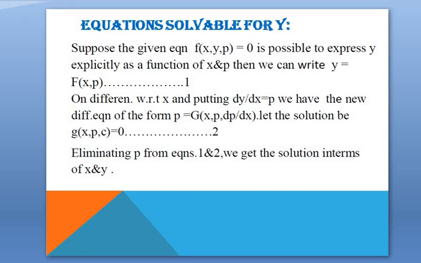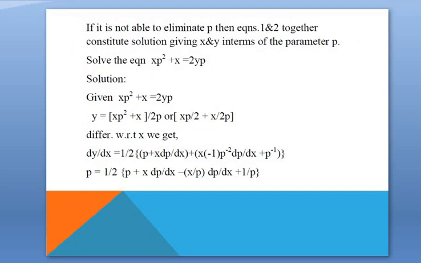Let us assume the solution as g(x, p, c) equal to 0. Take this as equation 2. By eliminating p from equations 1 and 2, we get the solution in terms of x and y. If it is not possible to eliminate p, then equations 1 and 2 together constitute a solution giving x and y in terms of the parameter p.